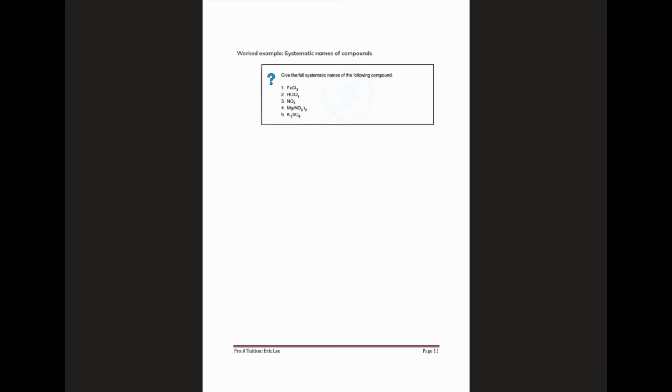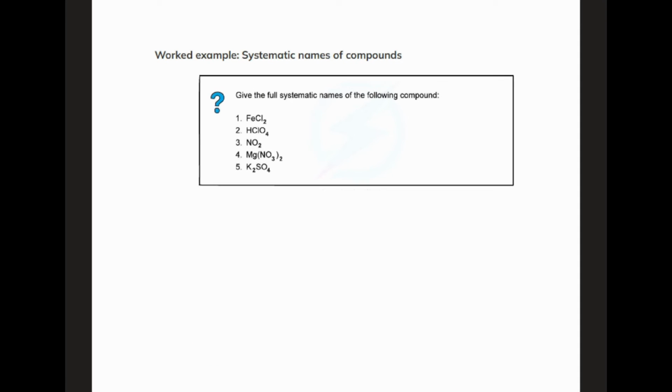So here, give the full systematic names of the following compounds. Okay, so let me just show one example first. Question 1, FeCl2. So first, we know the oxidation number of Cl is -1.